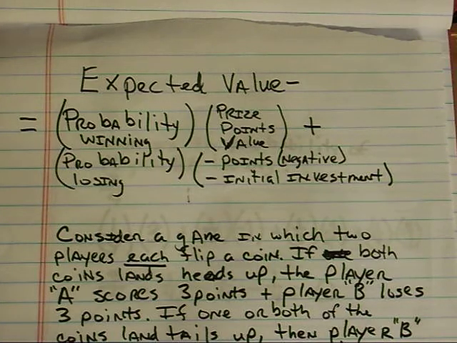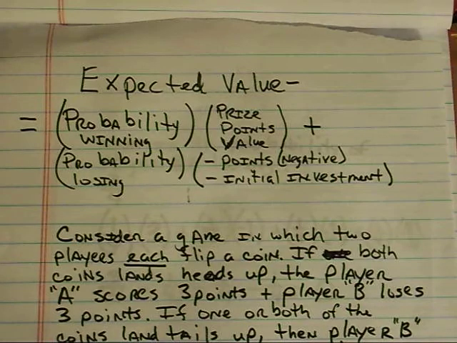Your expected value is equal to the probability of you winning times the actual value of whatever you're winning. So, for example, if you're playing the lottery, there's a probability of you winning, maybe $1 million.